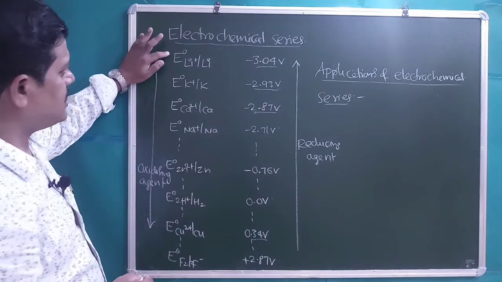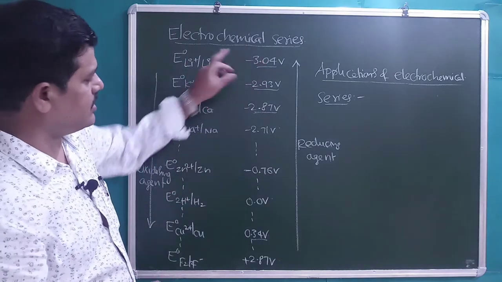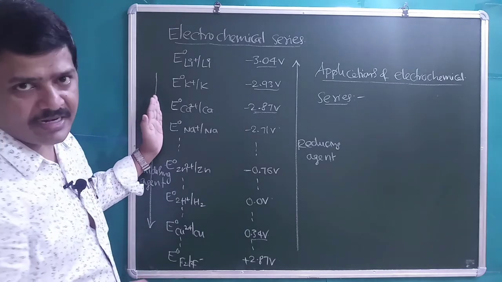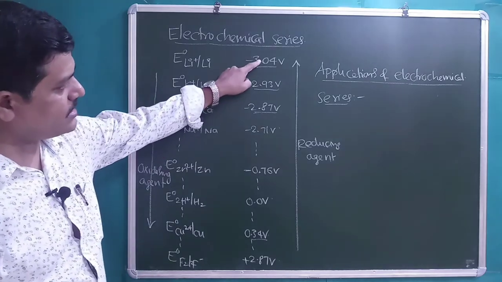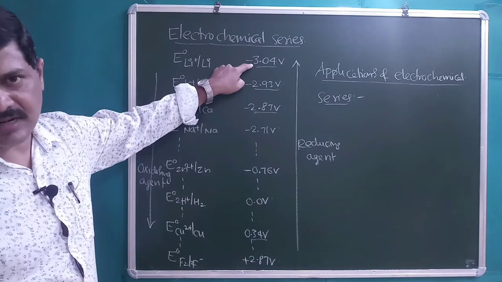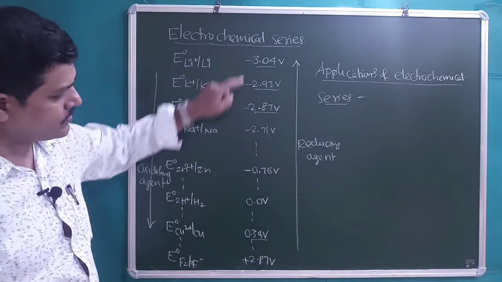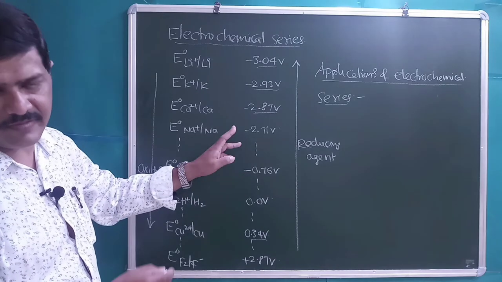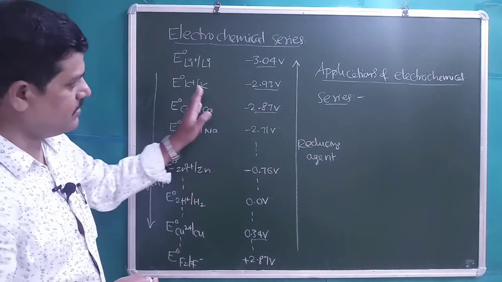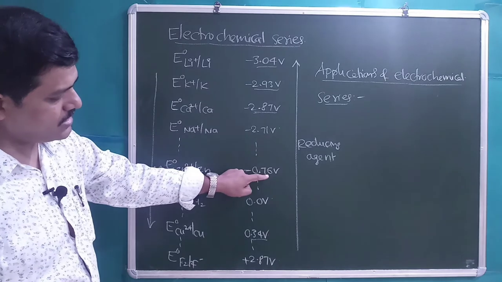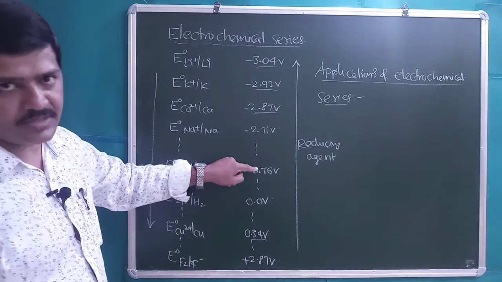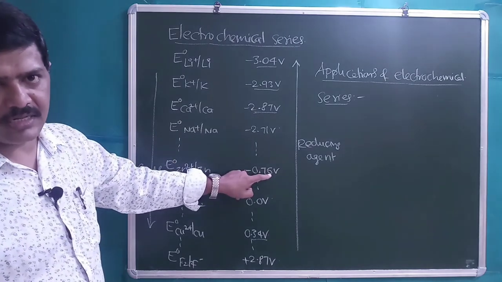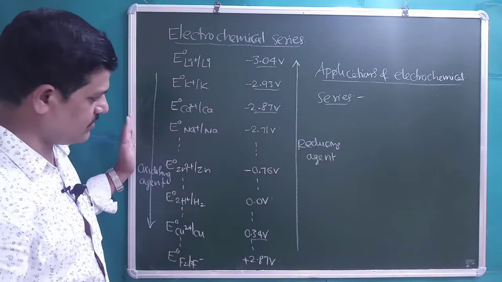If a set of 4 metals is given, the metal which has the more negative reduction potential is a strong reducing agent. The metal which has the lower reduction potential in the given set is an oxidizing agent, right? Only that concept we have to get.